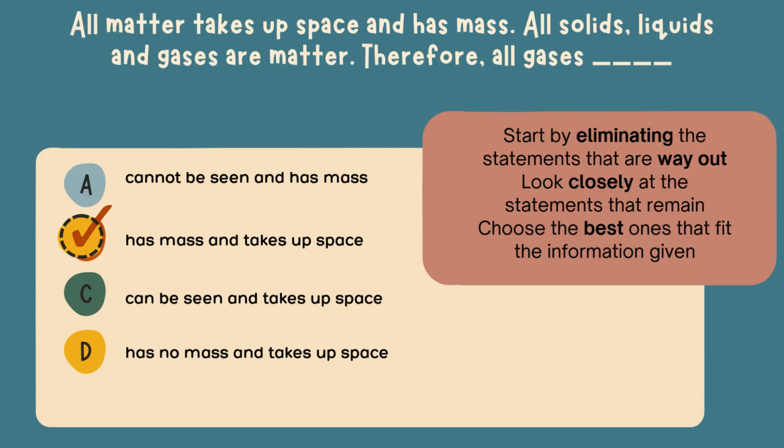C, can be seen and takes up space, possibly. D would also be out of it. It says has no mass and takes up space. And from what we read, it says it takes up space and has mass. So we would be left with B or C. But the most ideal answer would be B. Has mass, takes up space. And here it says takes up space, has mass.